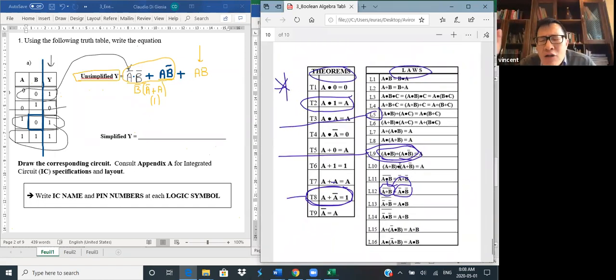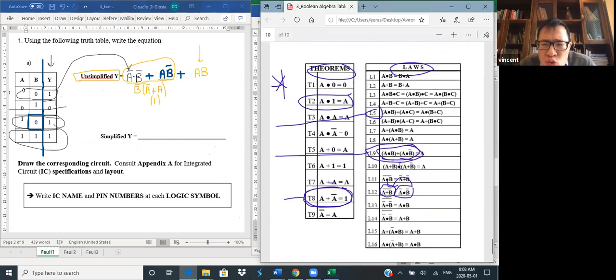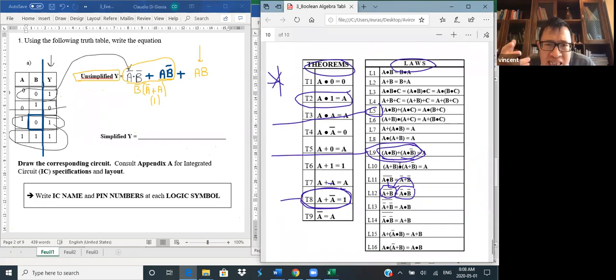So I try to prove the laws from the theorems, but some laws I can't prove from the theorems.